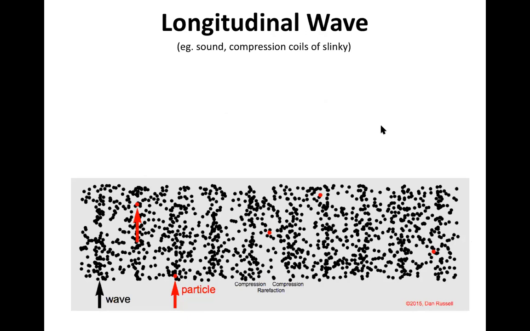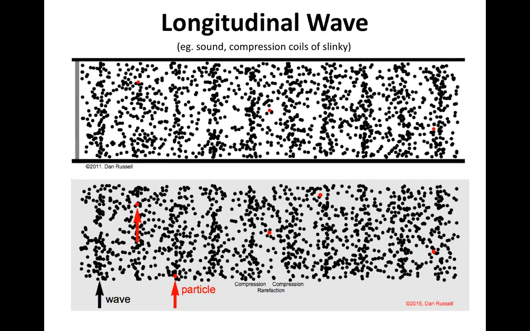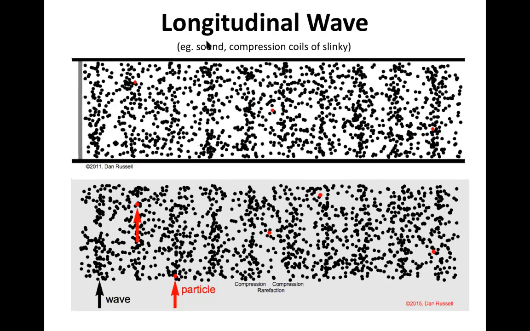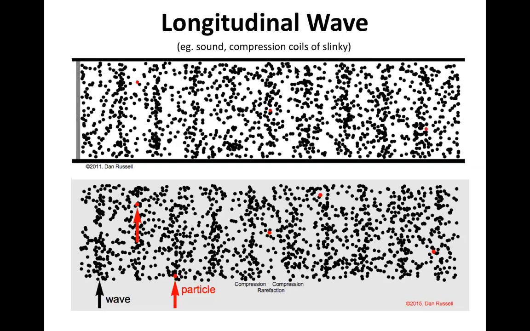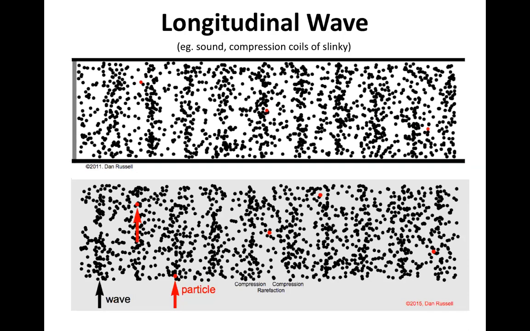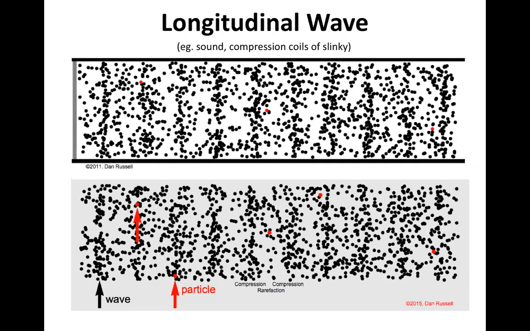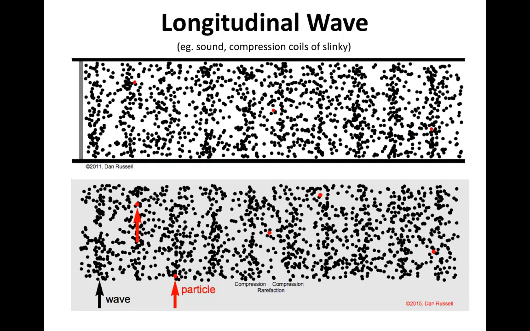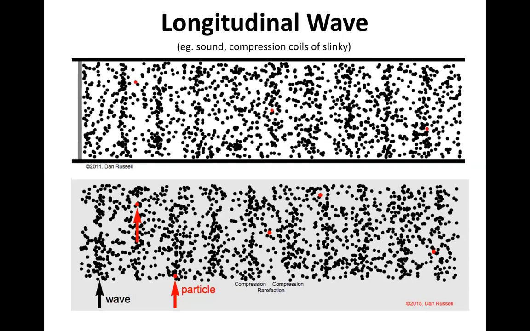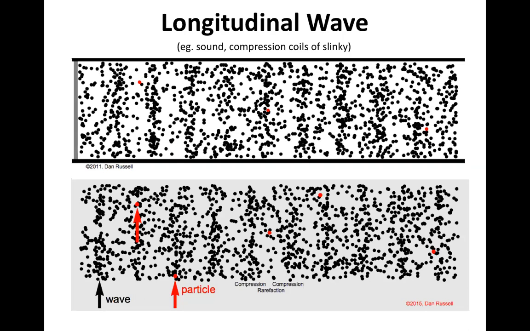Okay, now taking a look at a longitudinal wave. An example of a longitudinal wave is sound. Since that's the focus of this unit, we need to have a very clear understanding that sound is a wave, and it's specifically a longitudinal wave. Specifically, it's a mechanical wave. It requires a medium. The medium of sound is air.